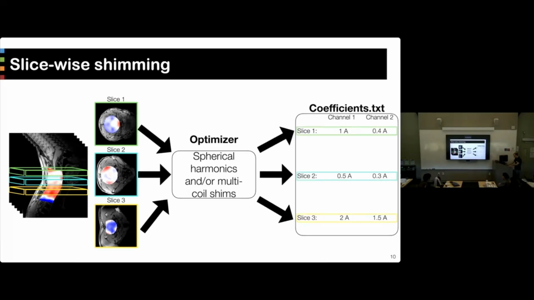So individually, we optimize each slice, and then we get one set of coefficients for each slice. Again, 2D acquisitions. On the scanner, if you're using the spherical harmonics, again, the second order, because of its high inductance and it's not shielded, you can't really use it unless you want to make your acquisition really, really long.